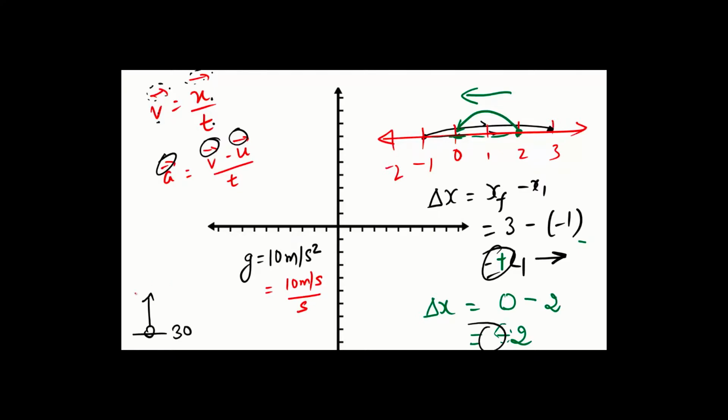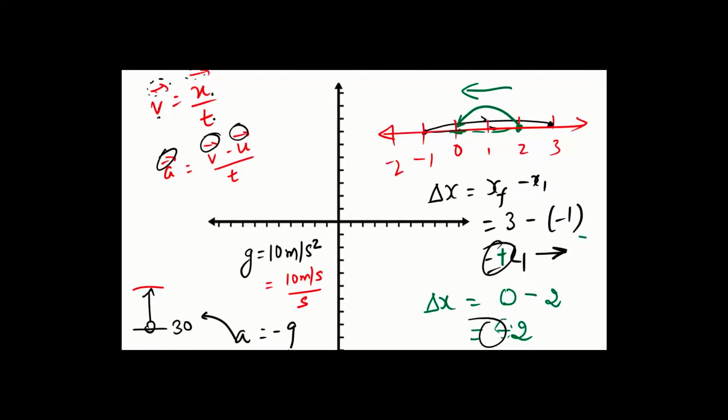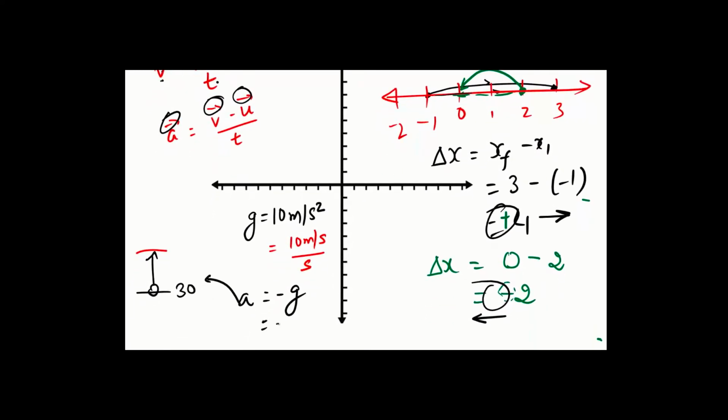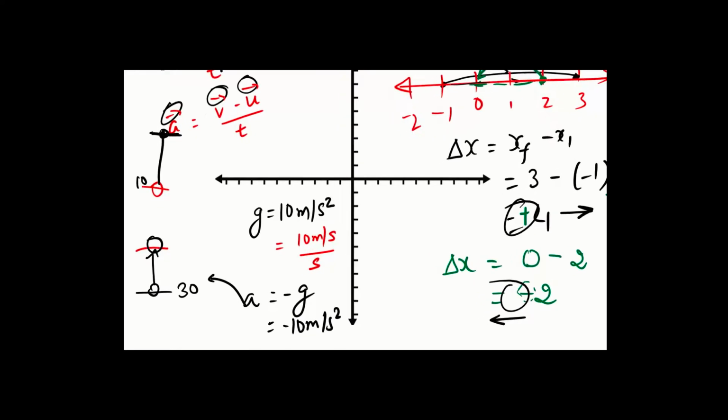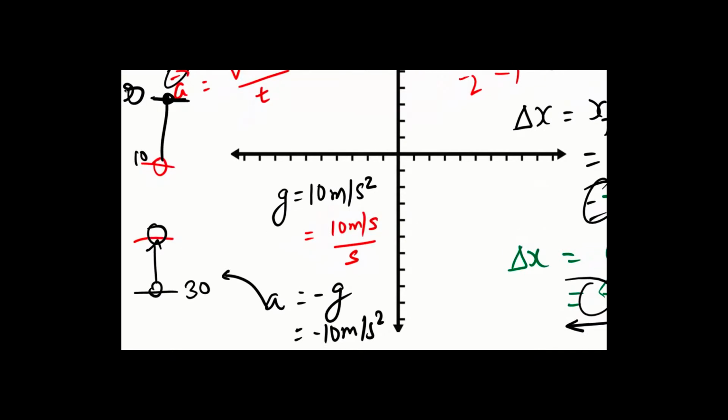After 1 second, would it be 40 or 20? It would be 20, right? Because the acceleration it is facing is minus g, minus 10 meter per second square. After 1 second its velocity would be 20, after one more second its velocity would be 10, and finally at this point it will be 0.